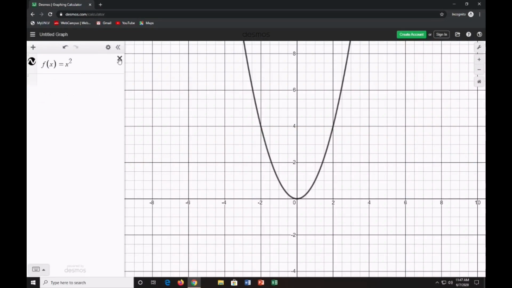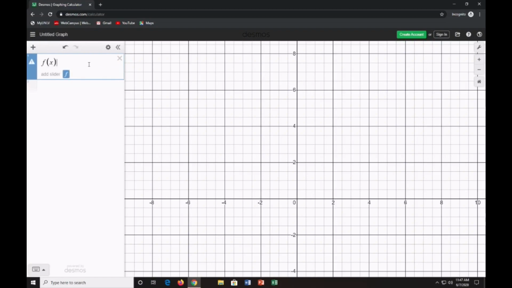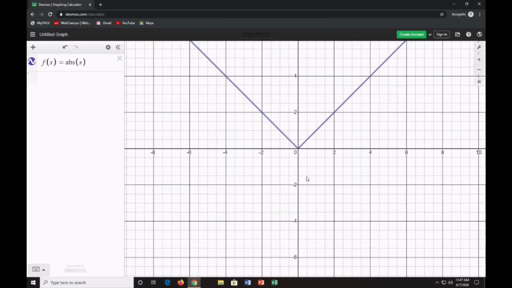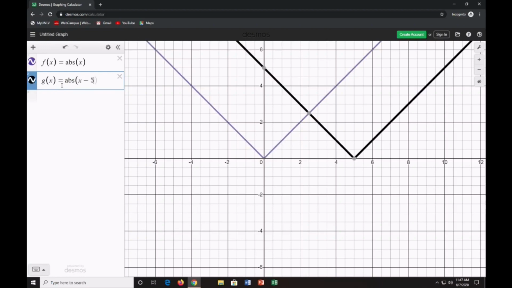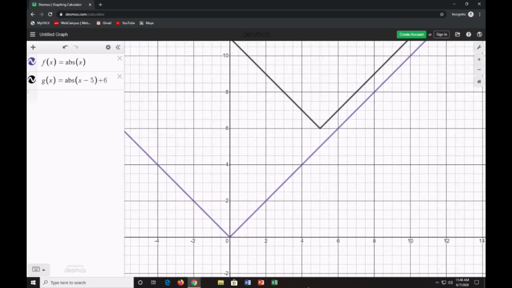So let me change this to the absolute value function. Right? That's the original absolute value function. Now g of x comes along and transforms it using this absolute value of x minus 5 plus 6. Right there.